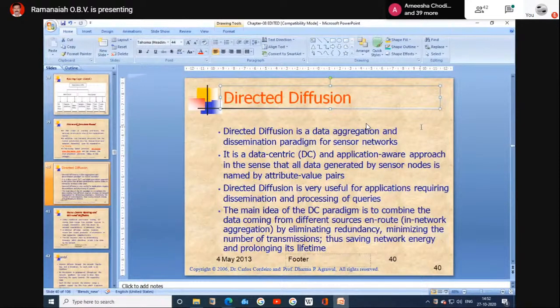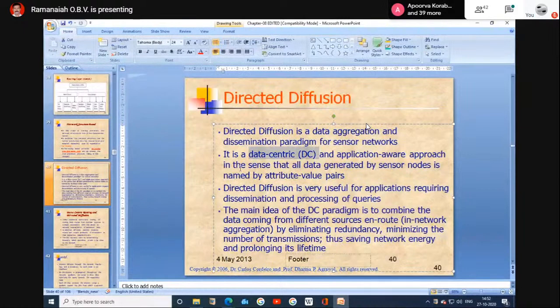You should understand every sensor network is based on data-centric. It is attribute addressing based, and an application-aware approach is used. It means that data generated by sensor nodes is named by attribute-value pairs. We have already discussed this point.